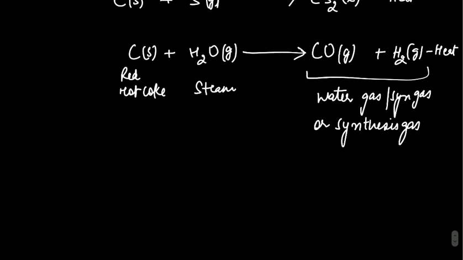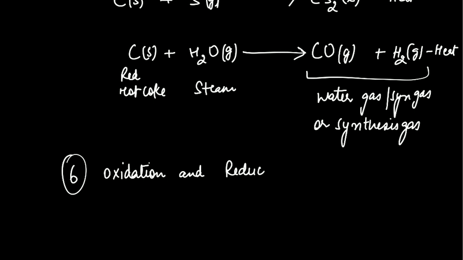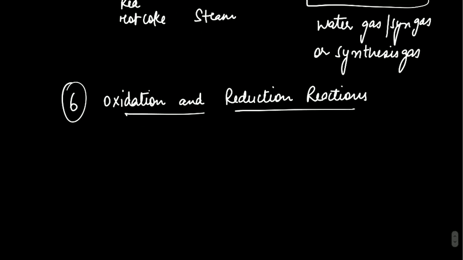Then we go to the next type of reaction, oxidation and reduction reactions. So there are multiple ways to define oxidation and reduction. We don't have only one. So in this lecture, I'm going to discuss only two of them.